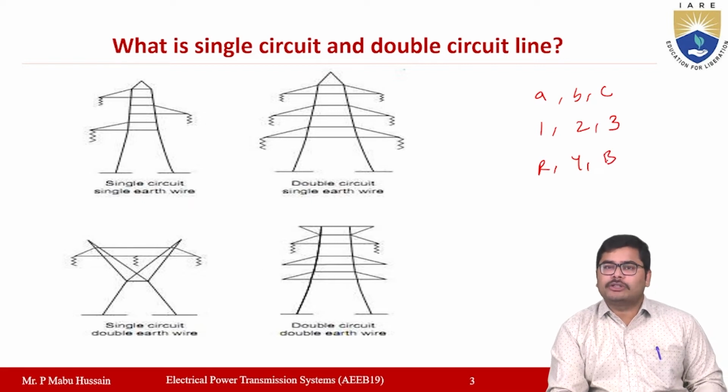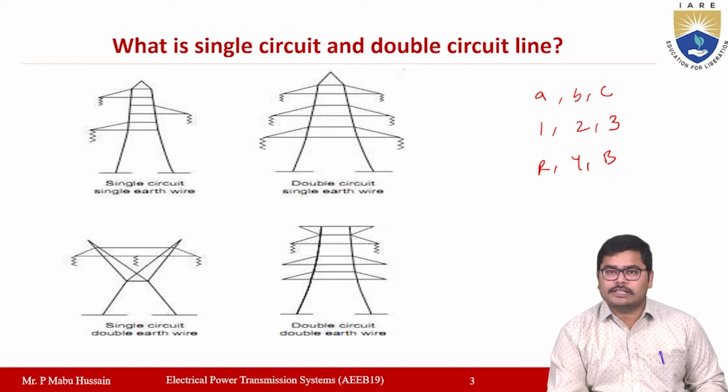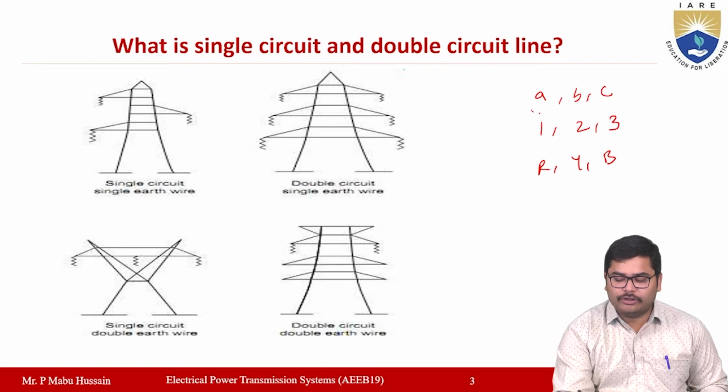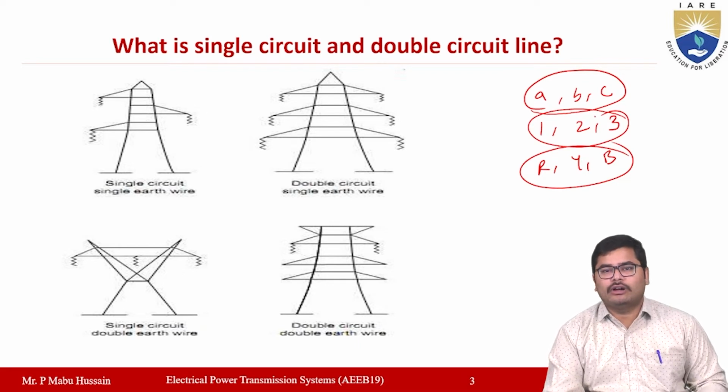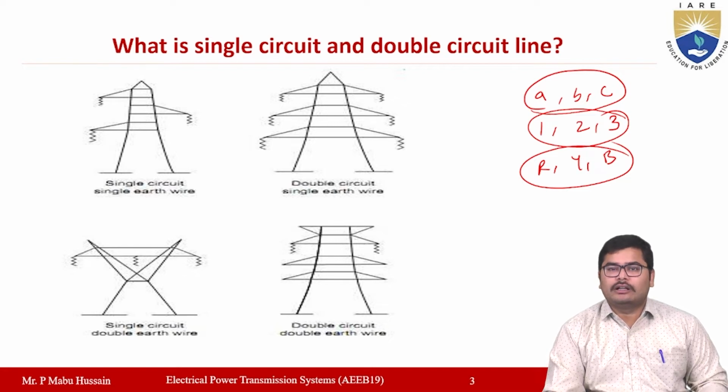If you observe a single circuit three-phase transmission line system, in such a case you will have only one set of these three conductors. This may be either ABC, 1, 2, 3 or RYB. Only one set of conductors will be there. According to the voltage level, there may be one or two earth conductors also.